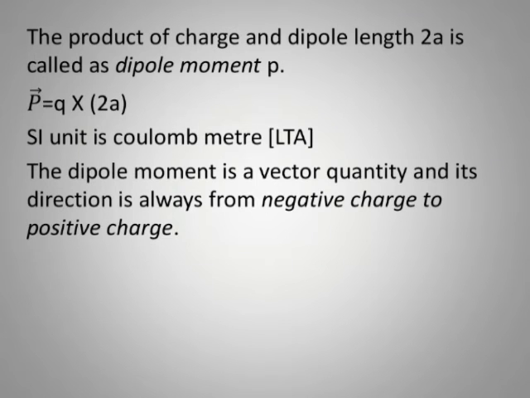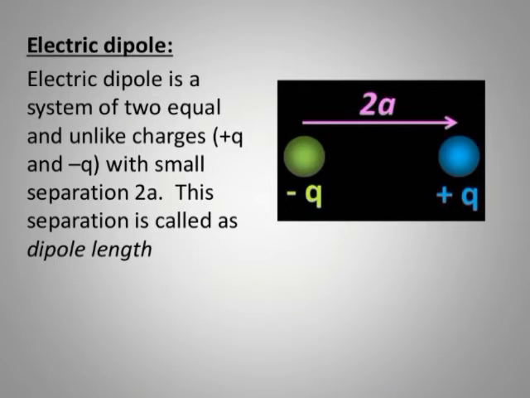Next, going to the representation of the dipole. The dipole moment is represented by p. What is it? It is the product of any one charge and the dipole length, the distance. So it is the product of charge and distance, q into 2a. It is the product of one charge and the distance between them.